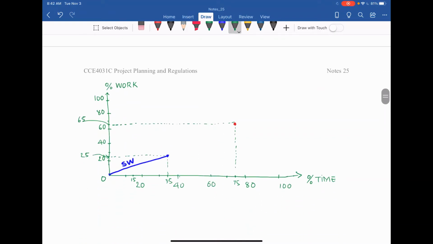On 15% you draw a vertical line, and it intersects at 25 because that is where the site work effort ends. We draw a straight line between these two points, and we have the concrete building.